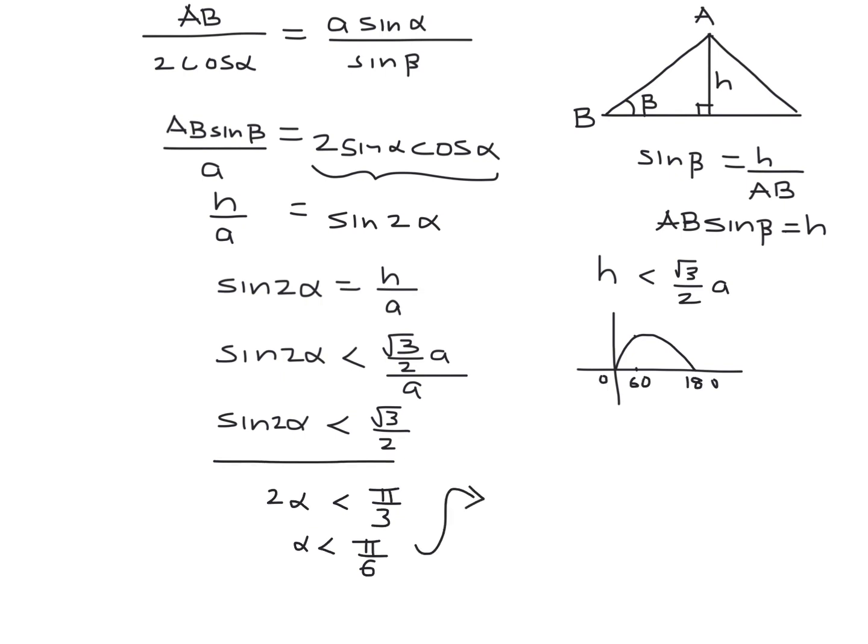It concludes that the alpha, the angle, is always going to be less than pi over 6 regardless of what a and h are.